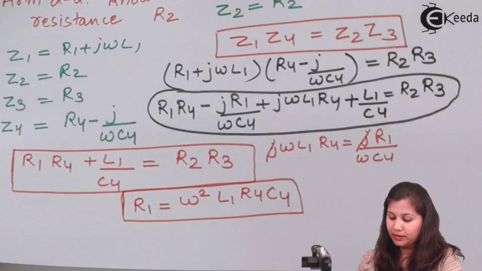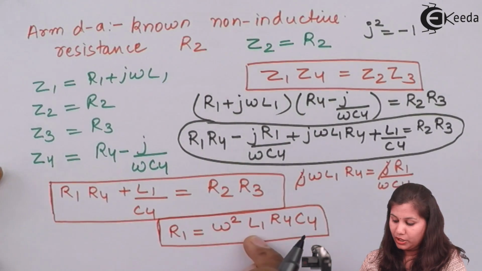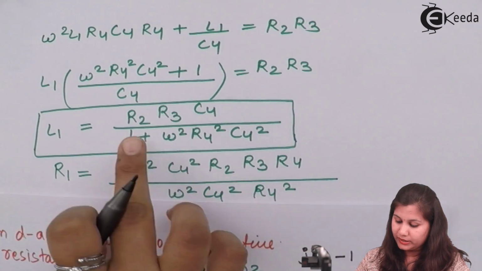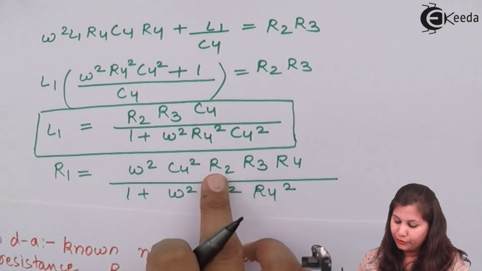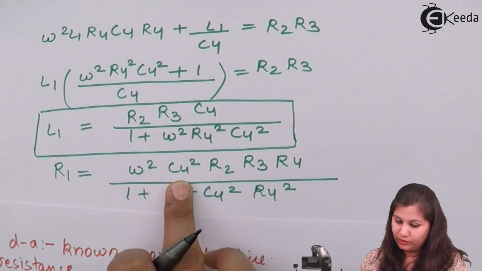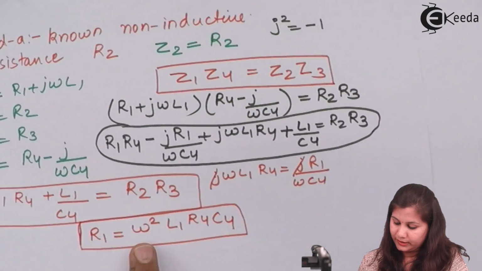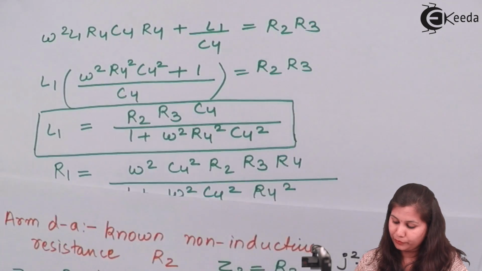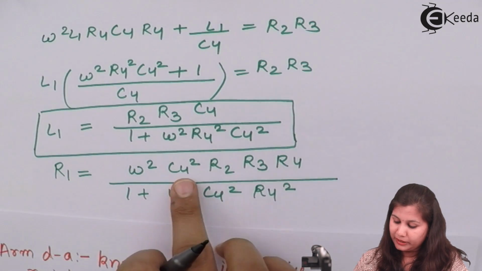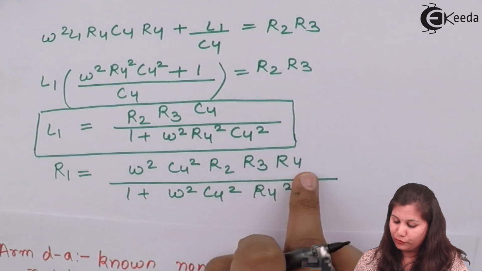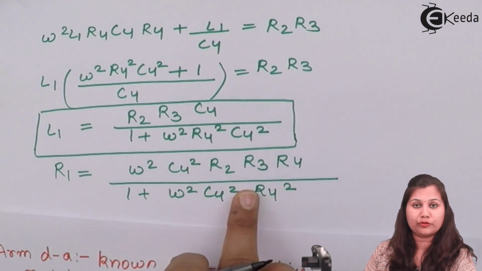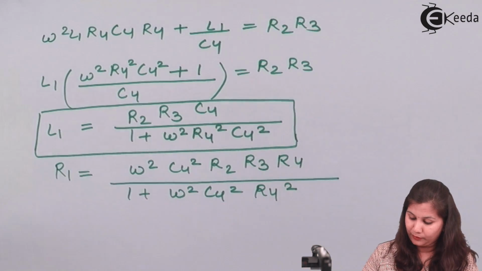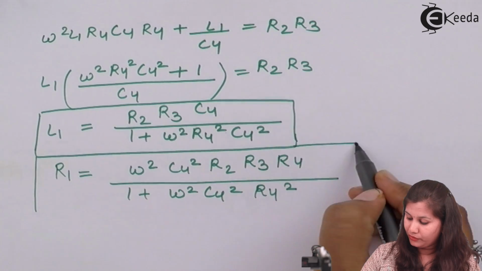We have just put the value of L1. So L1 is R2 R3 C4, and because C4 is already present here, R4 is also present, this will become C4 square R2 R3 R4 upon 1 plus omega square C4 square R4 square. So this is the value of R1.